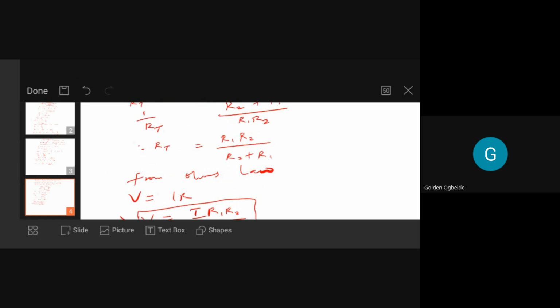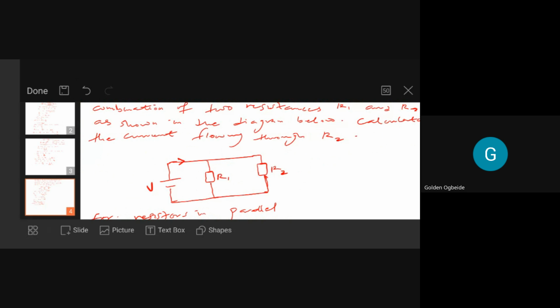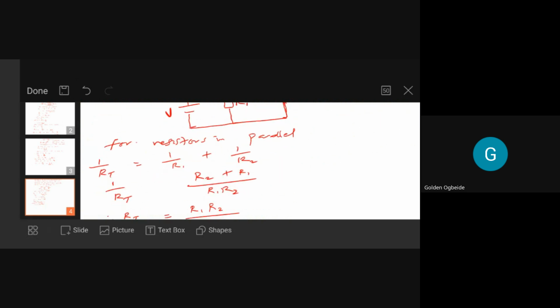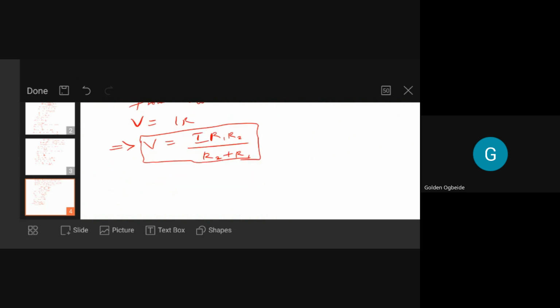Remember, let's go back to the question. They say we should calculate the current flowing through R2. So let's find the expression for the current in R2, having known V. Also from Ohm's law, solving for the current flowing through R2, let me call that I2.